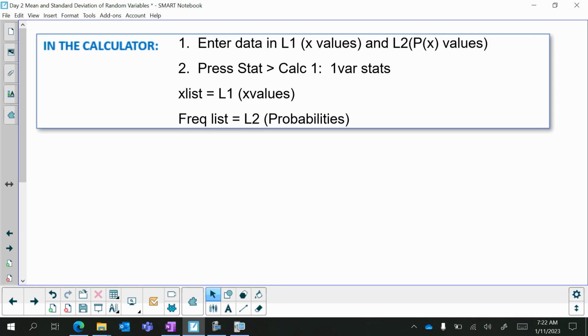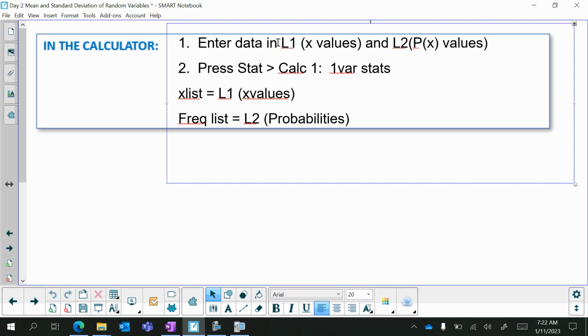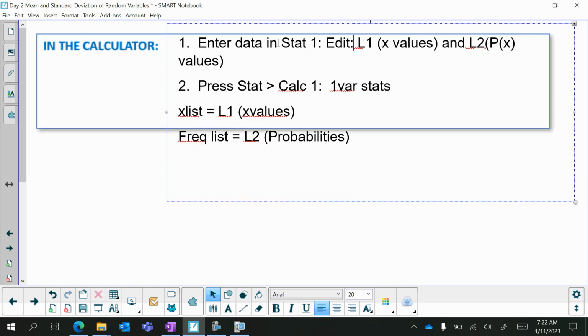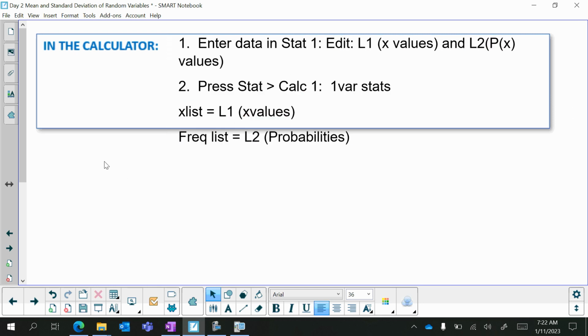So let's do it when you get a chance. Pause the video, and then we're going to go back to the data. We're going to do stat, edit, so this was stat, 1: Edit, L1, L2, okay? All right, so let's go back.